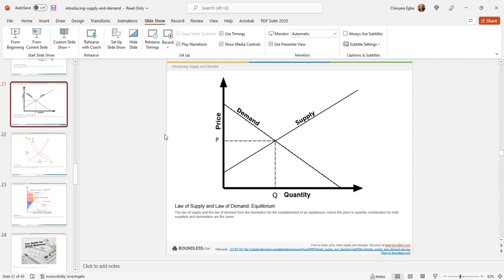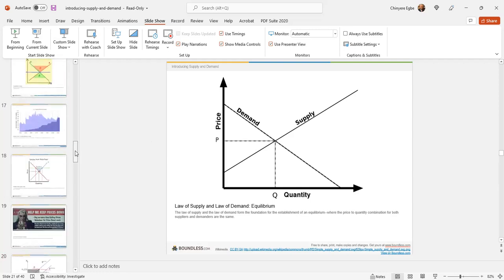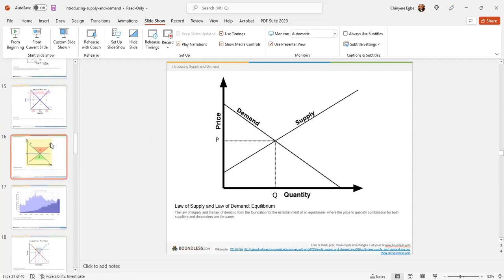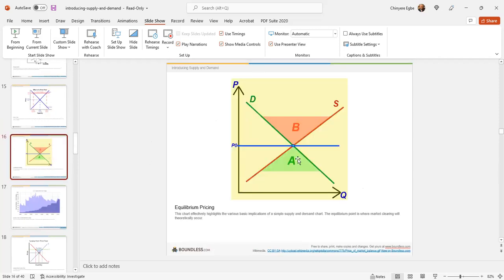Okay, in the sense that if the price is too high, and I'm going to show you this. Okay, if the price is too high, suppose you're looking at my cursor and you can see the shaded line here in the area B. If the price is too high, the quantity demanded will be small and the quantity supplied will be large.